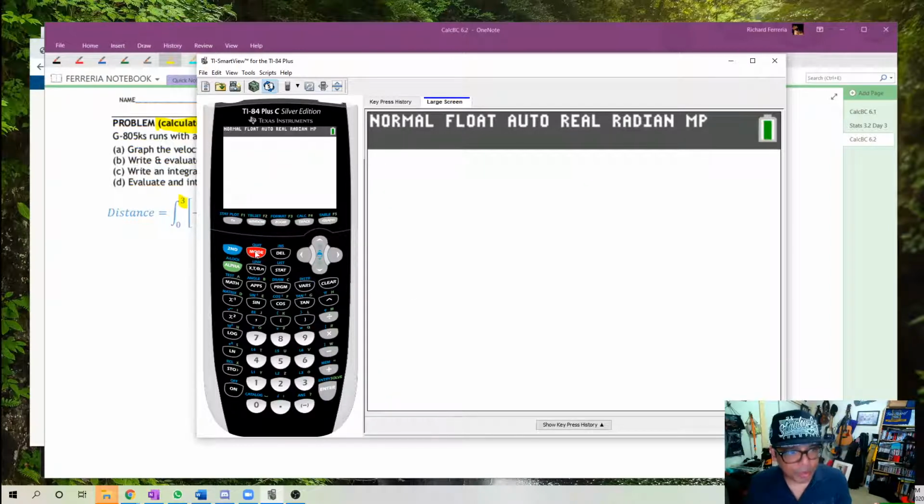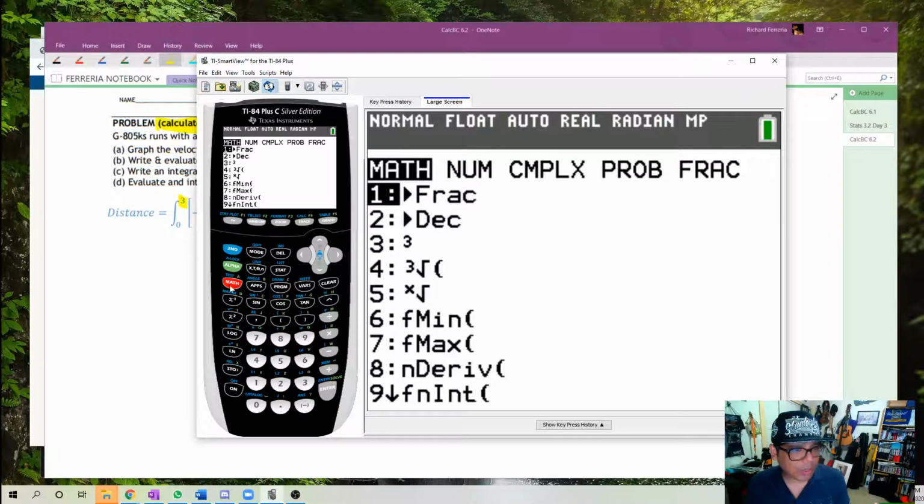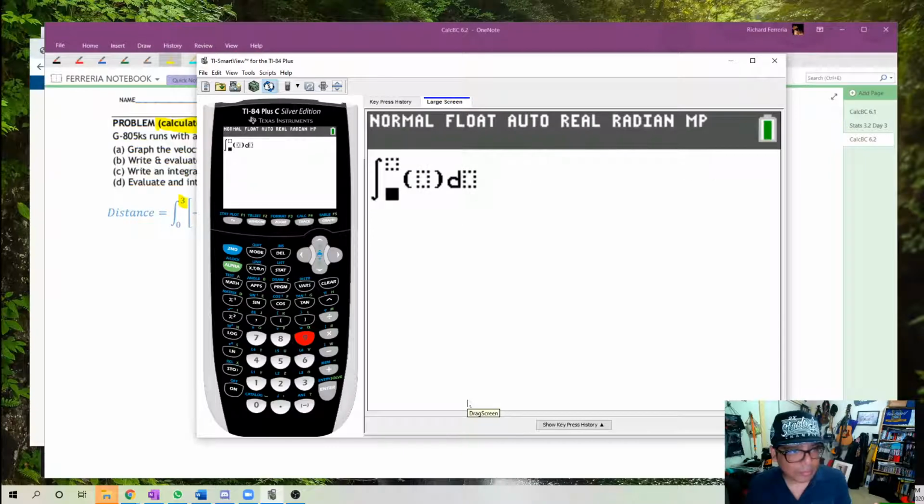Now in the home screen, you can actually calculate an integral using your calculator. And I'll show you two different ways of accessing the same function. The first way, and this is the old school way, is to push the math button, which is located just below alpha, and take a look at number 9 that says FNINT. We're going to click number 9, and look at that.